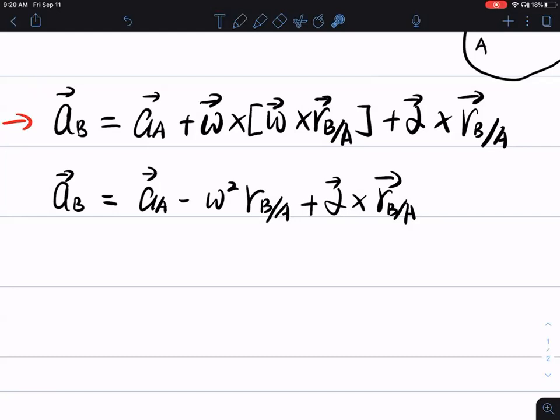Okay, so in this equation, we talk about omega from the velocity. Oh, sorry, there's a mistake I made here. This position vector has that vector notation.